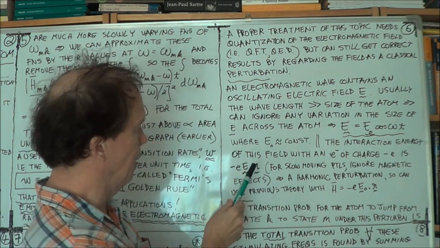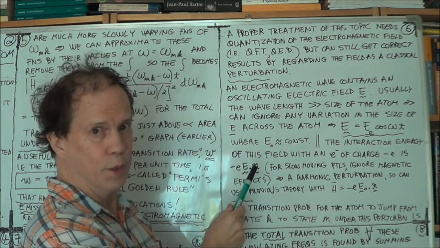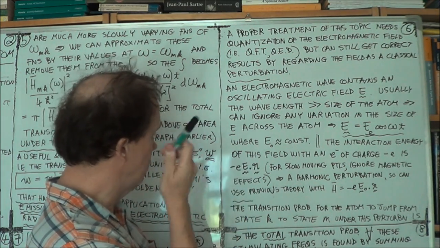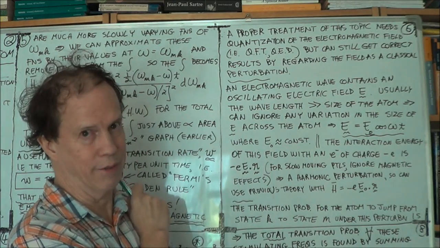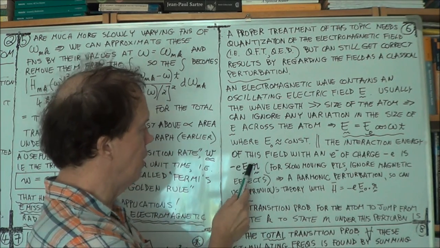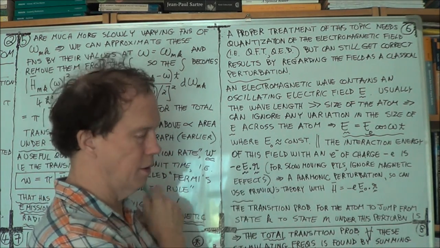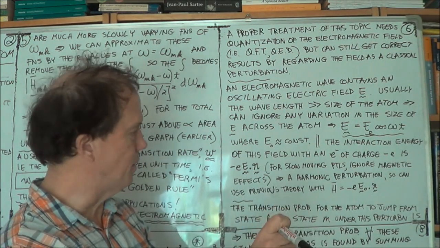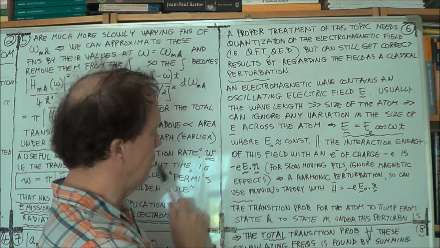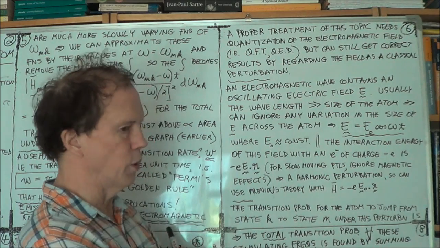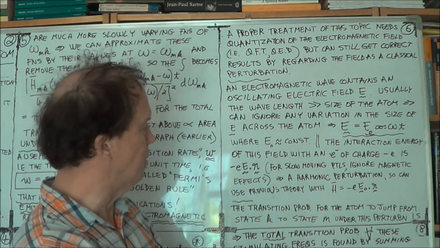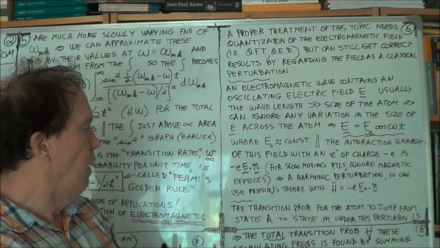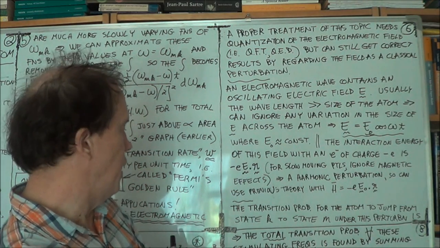Little e times big E is a force, the force on the electron due to the presence of the electromagnetic field E. So that's a force times a distance, and it gives you work. That's the definition of work, force applied over a distance. So that work, that energy, would be your perturbing term, your H dashed.